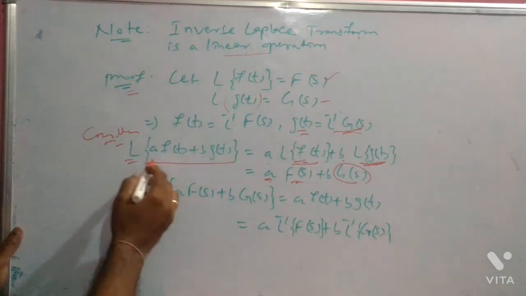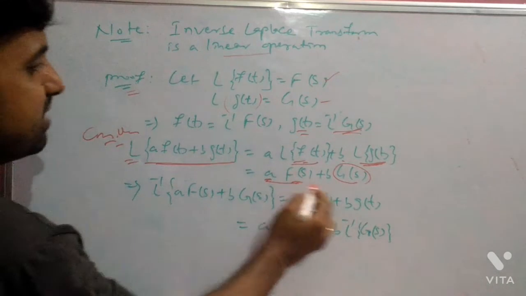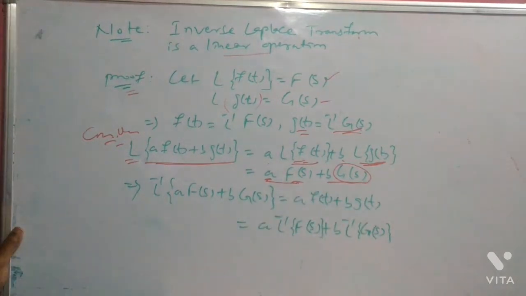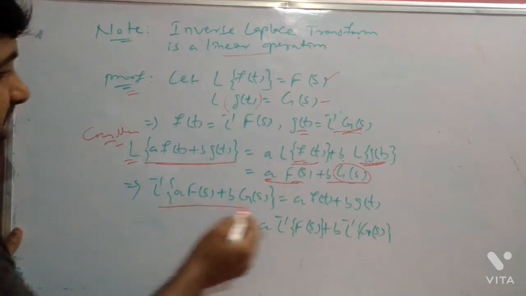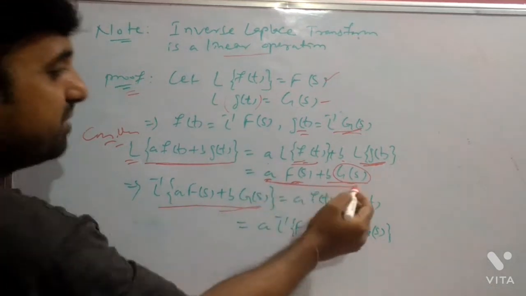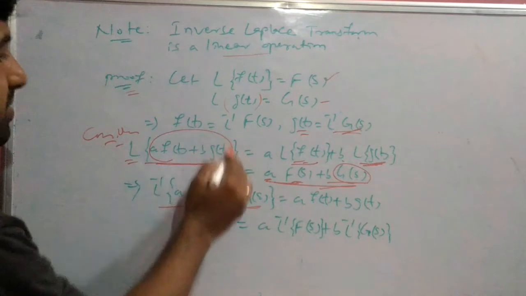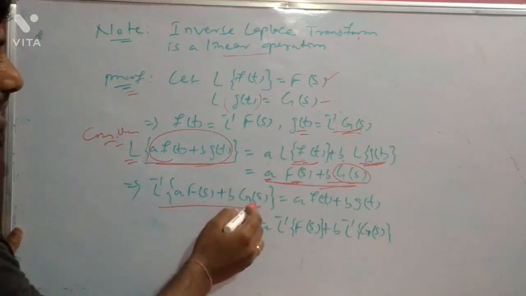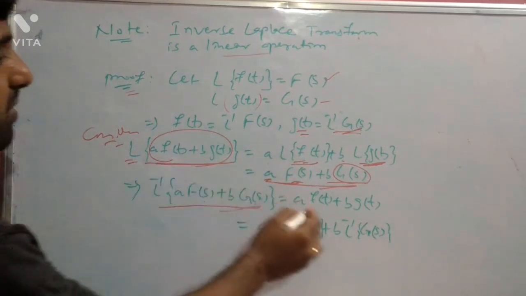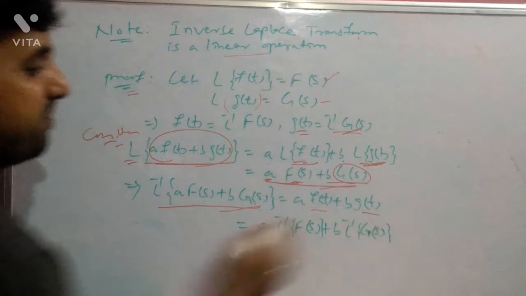Now since Laplace of this function equals a F of s plus b G of s, we can write the Laplace inverse of a F of s plus b G of s will be a f of t plus b g of t.